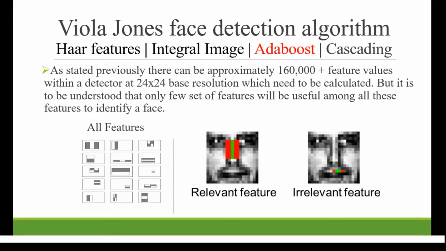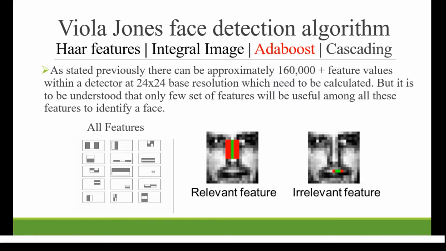As I told in the previous video, there can be like 160,000 plus features within a detector of 24 by 24 base resolution, and we need to calculate so many features. But we need to understand that of these 160,000, only a few set of features would be useful.